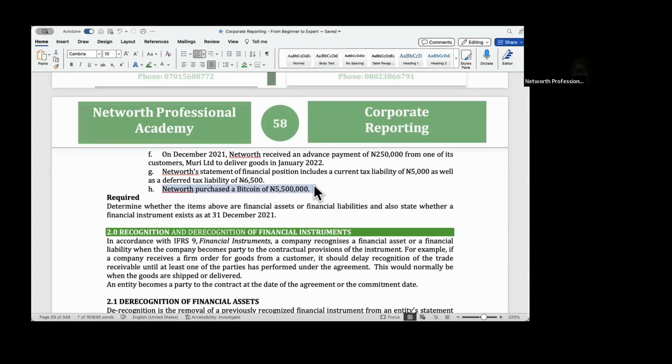The bone of contention in that question is how you should classify cryptocurrencies like Bitcoin in your books if you buy it. What type of asset is it? Now, I'll explain to you that it is not a financial asset because it doesn't meet the definition of a financial asset in IAS 32.